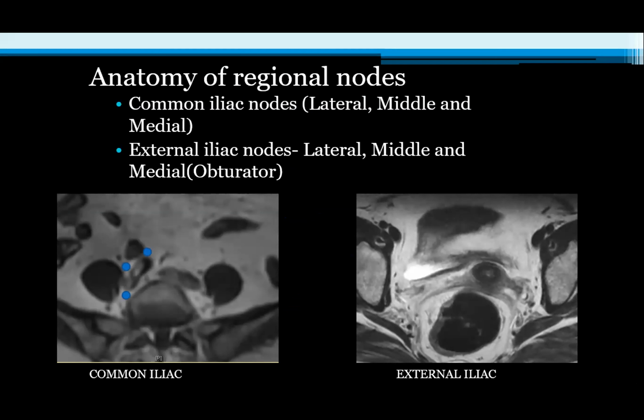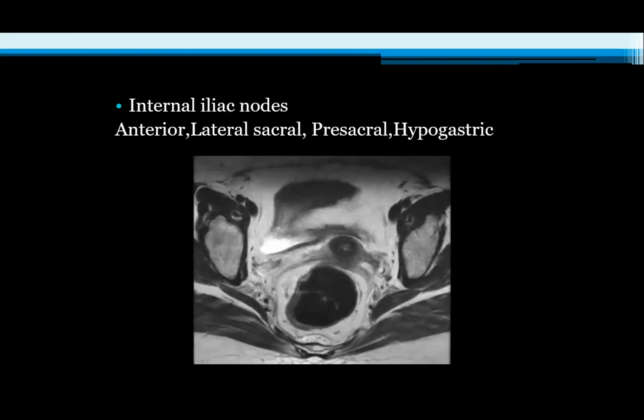External iliac nodes are also subdivided into lateral, middle, and medial external iliac subgroups, which are also known as the obturator group. Then the internal iliac nodes are subdivided into anterior, lateral sacral, presacral, and hypogastric nodes.